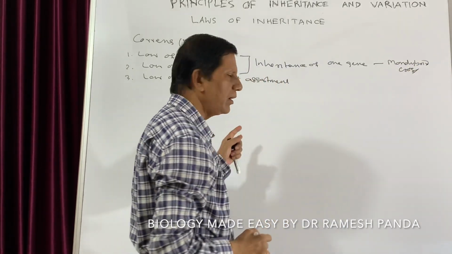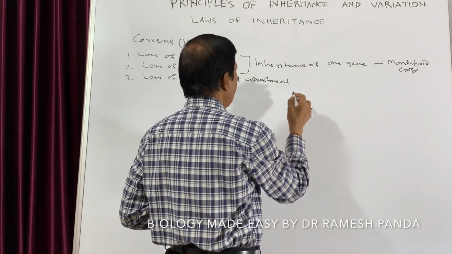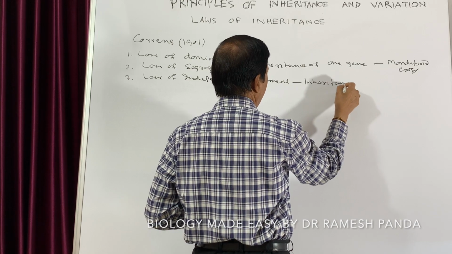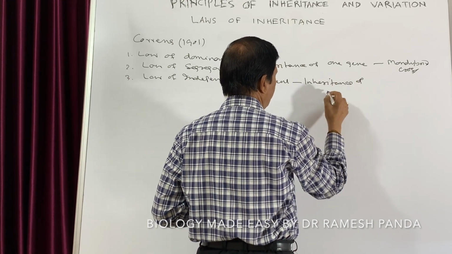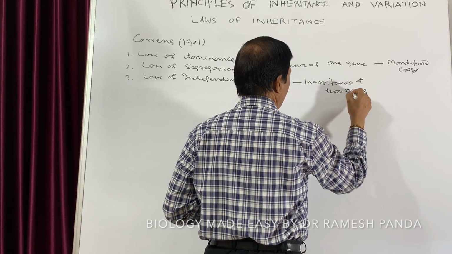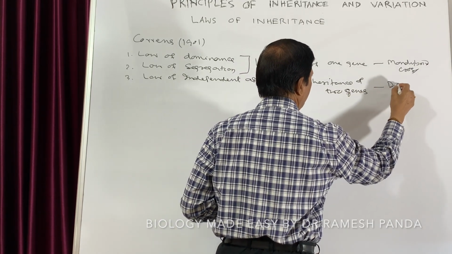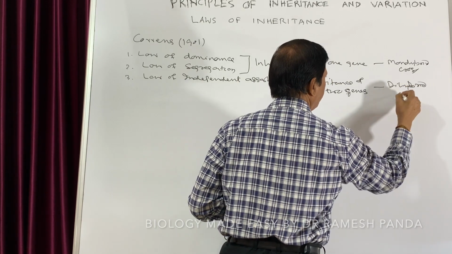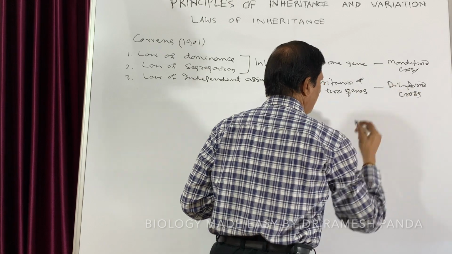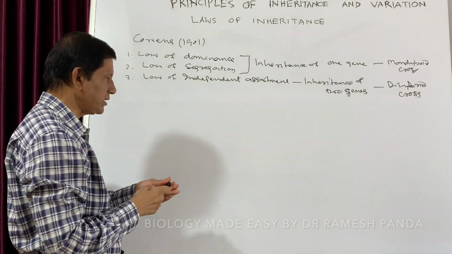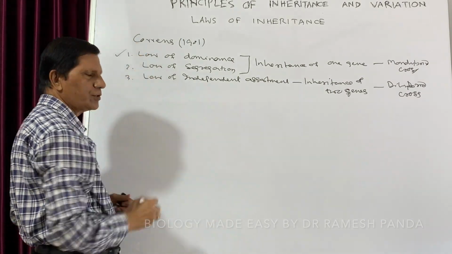While the third law, the law of independent assortment, is based on inheritance of two genes, and it is based on dihybrid cross. So let us discuss one after another. Let us discuss first this law of dominance.